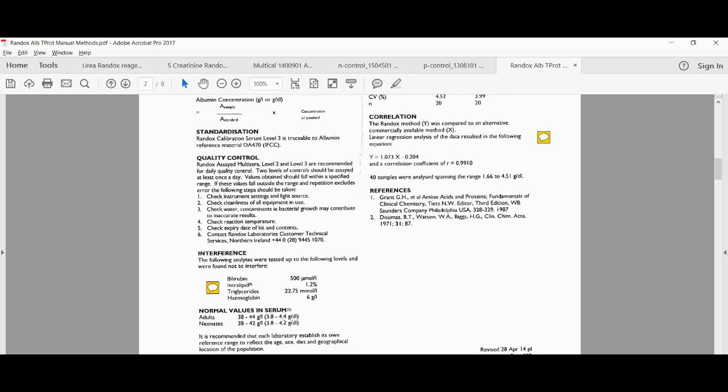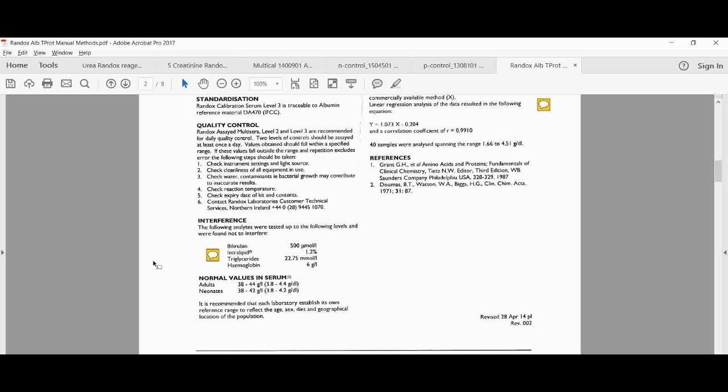Other information on this sheet is what substances could interfere with this test. The following analytes were tested up to the following levels and were found not to interfere. Bilirubin at a concentration of 500 micromole per liter, total bilirubin, that is quite high, because the normal range for bilirubin is about 2 to 20, 21 or 25 micromole per liter.